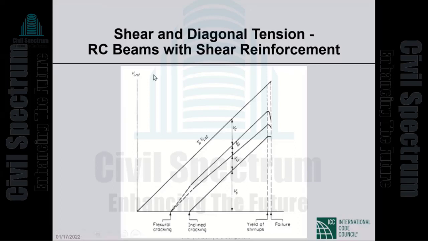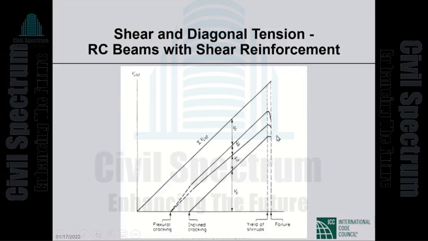So you can see the relative proportions of shear in the compression concrete, shear carried by dowel action, shear carried by aggregate interlock, and how they remain the same or change a little as the beam is loaded more and more. Once the stirrups yield, then obviously their contribution levels off.